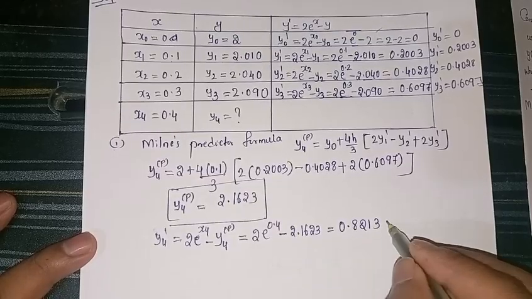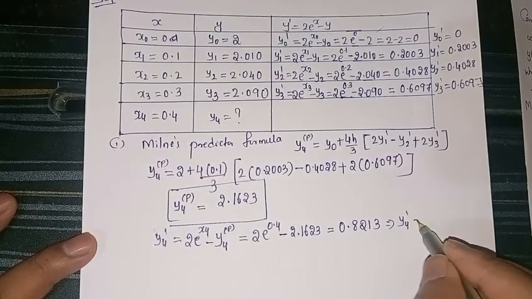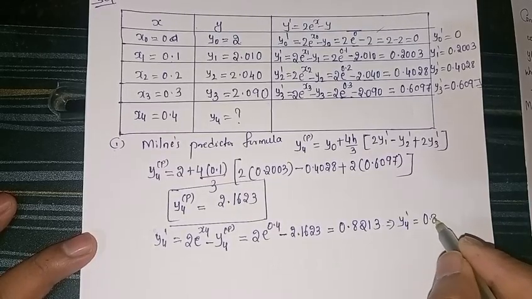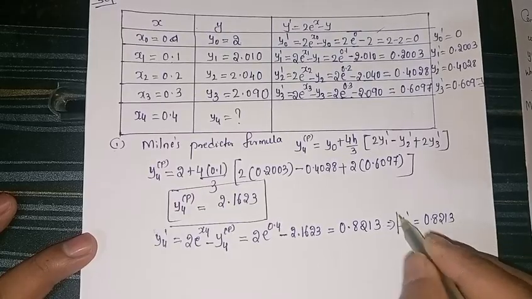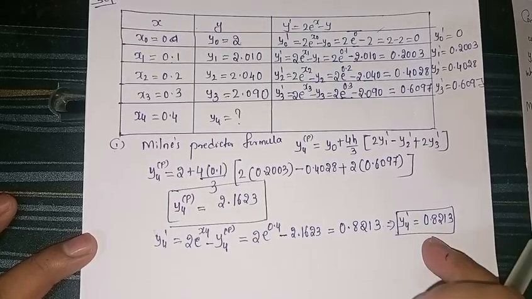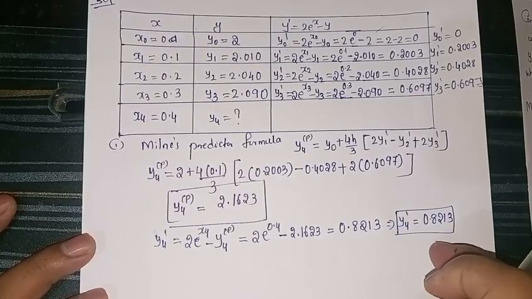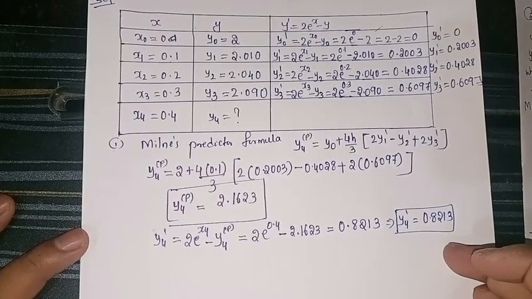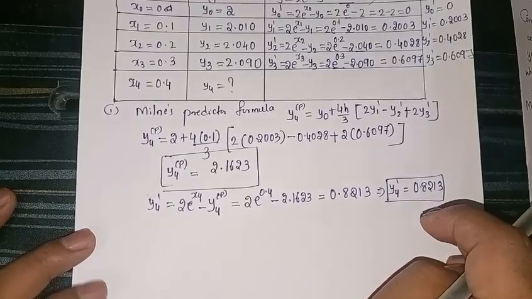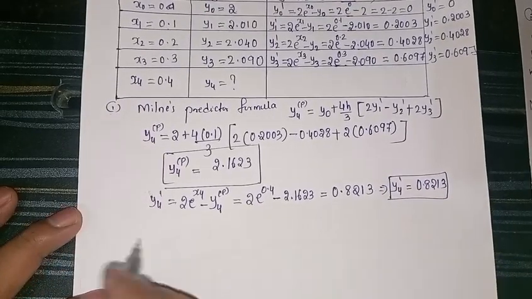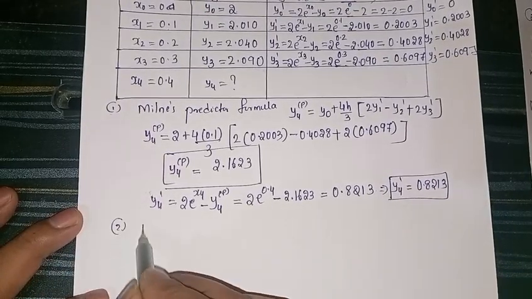This is our y4 dash. So y4 dash equal to 0.8213. Please highlight your answer in boxes always, so that the evaluation process is easy. Okay. Now, once we got this y4 dash, we have to use the corrector formula.